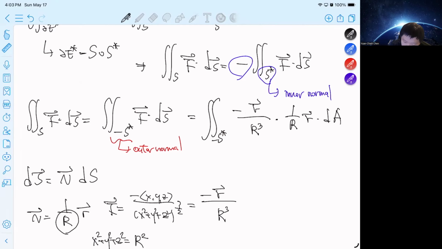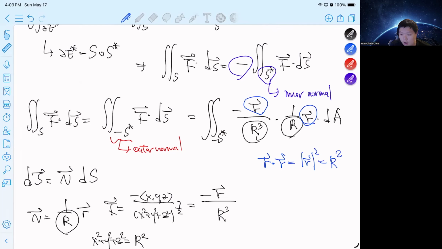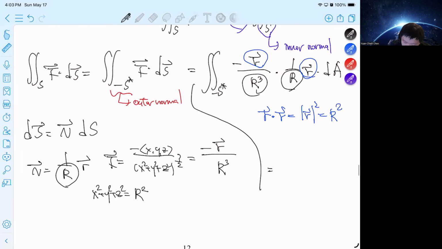This is a constant, r to the power 4. But be careful, we also have r dot r, which will be r squared. So finally, the answer of this part would just be 1 over r squared times negative the integral over S star of dA.